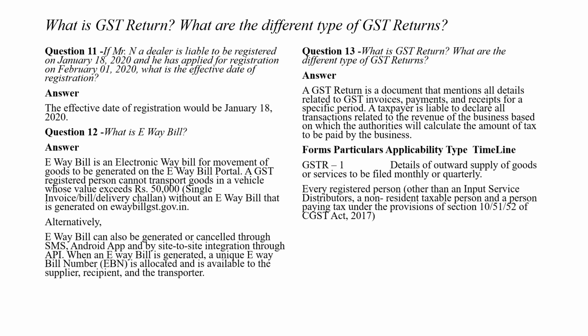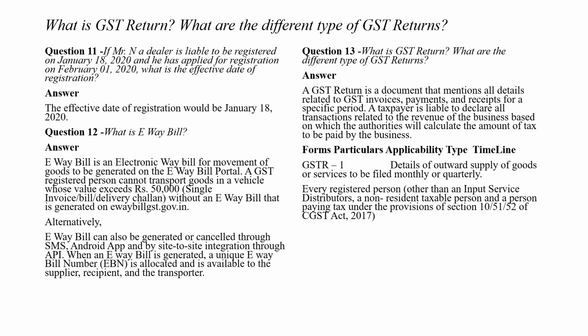A taxpayer is liable to declare all transactions related to the revenue of the business, based on which the authority will calculate the amount of tax to be paid by the business.